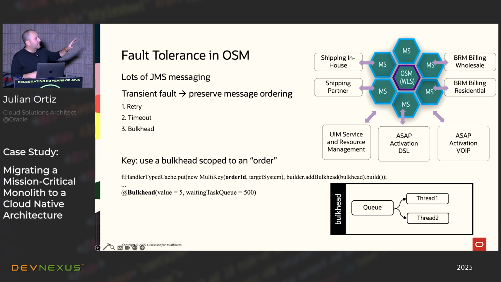The key here is bulkhead. Bulkhead gives us the benefit of compartmentalizing orders so that an order and its subsequent tasks or subtasks are placed in this box, right? Bulkhead, in this compartment. You can have as many of those boxes run in parallel so that in case there's a transient error with an order, not every order that is coming behind it is affected.